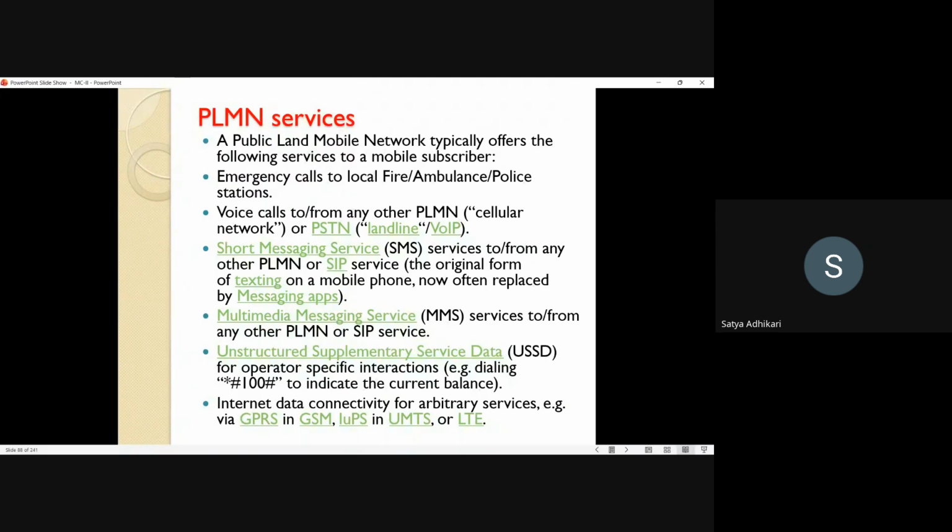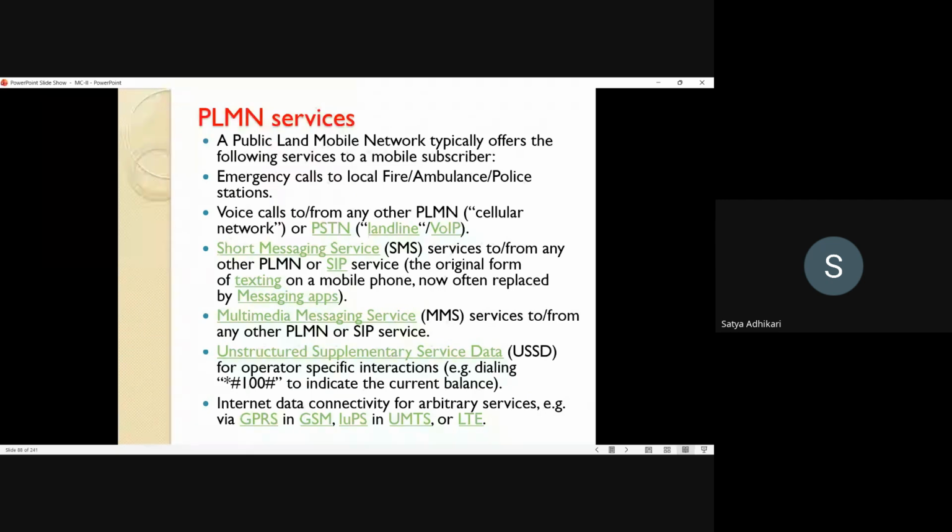Besides that, USSD codes are also there. You know that I am using some USSD code to get some service. We basically use this code to get our balance, to see how much data we have already used, and how much call time is there in our set.